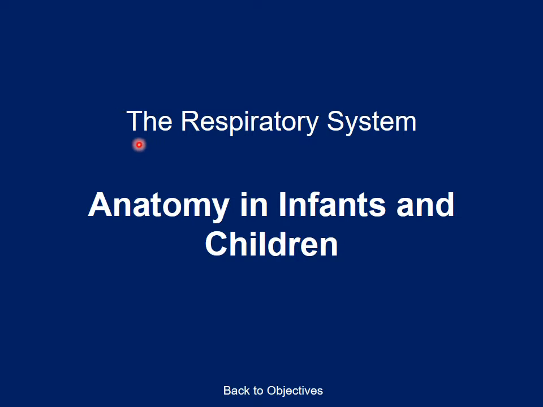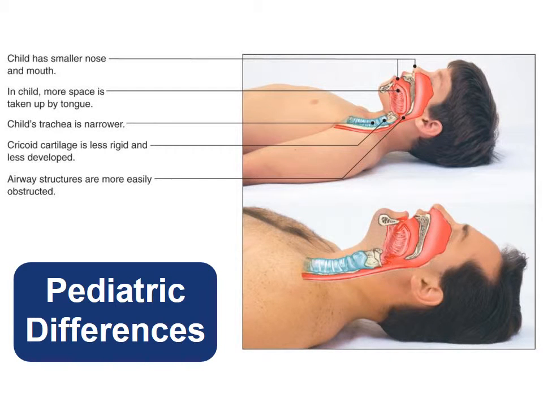So just a little bit of difference between infants, children, and adults. The nose and the mouth are smaller in the child versus the adult, so it's more easily obstructed by small objects, by blood bleeding into the airway, or swelling.